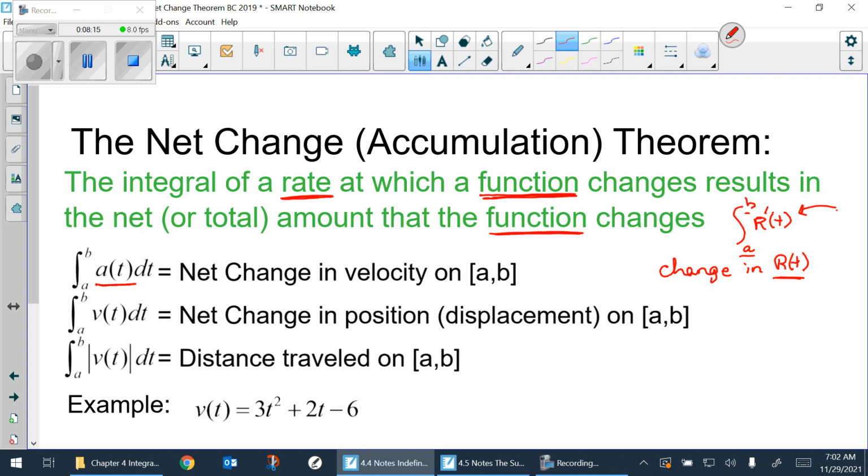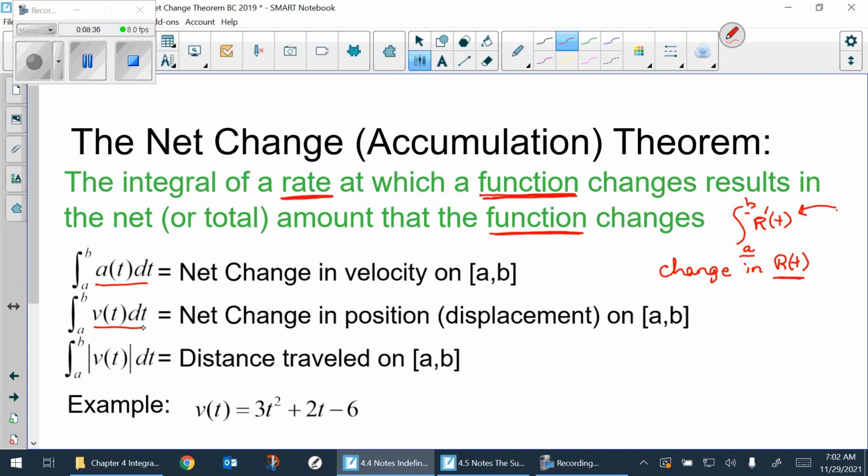So the integral of acceleration, well, that's the derivative of velocity. So that's going to tell us how much velocity changes. The integral of velocity, well, velocity is the derivative of position.